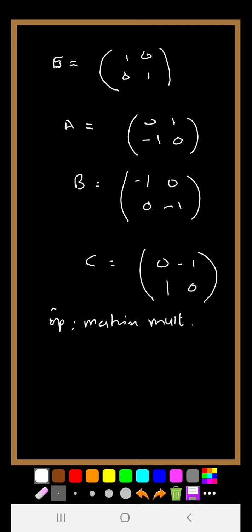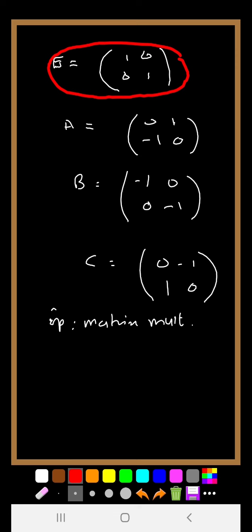You have to find whether these 4 matrices form a group or not. What we can see here is we have an identity matrix E, so this is obviously the identity element. So the first condition is satisfied.